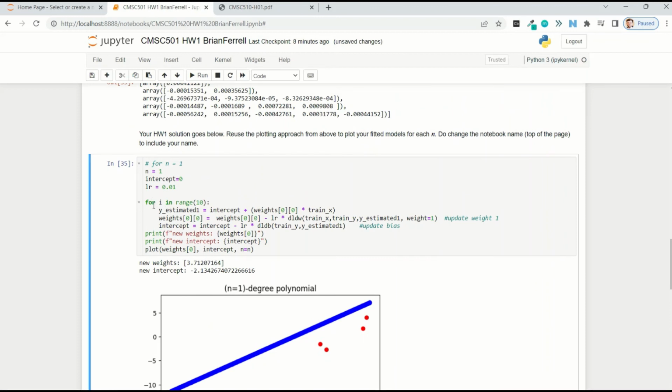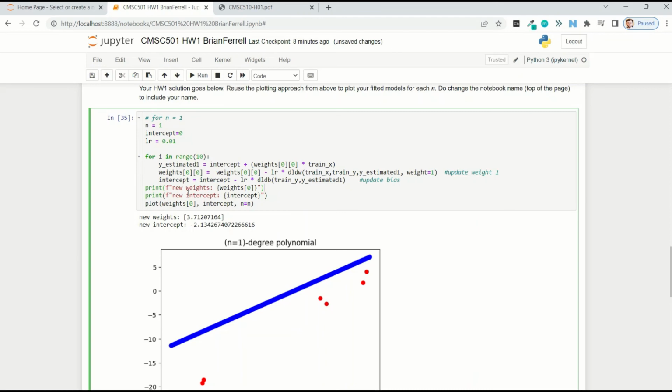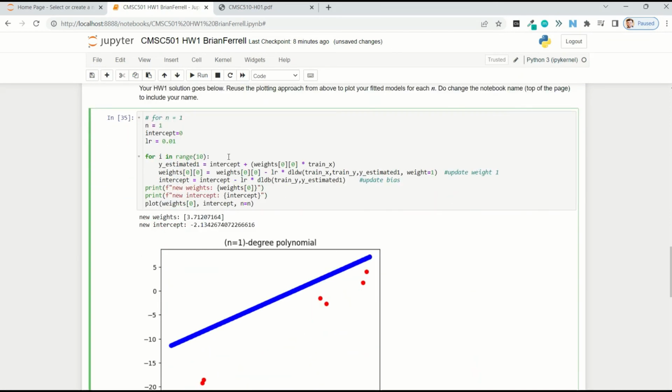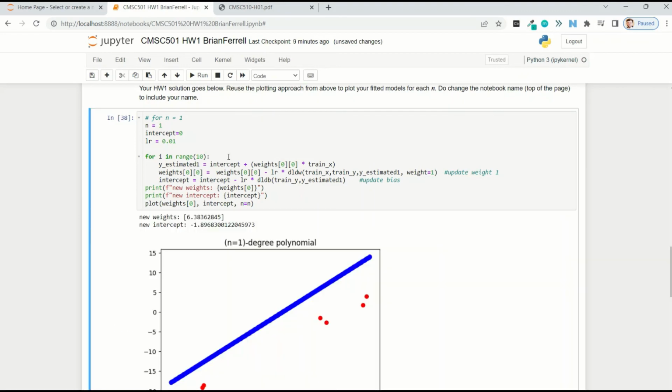And behind this for loop is, for 10 times, this is our model, and we want to take our old weight and subtract from it our learning rate times our gradient, and then the same thing for our intercept. Then we want to plot it and print out what our new weights are, right? So the more I do this, the more it's going to fit that line eventually.